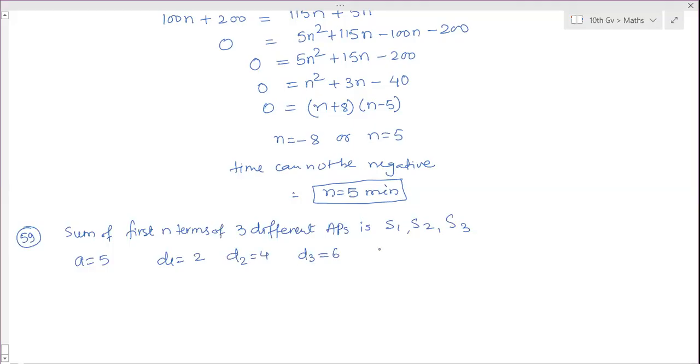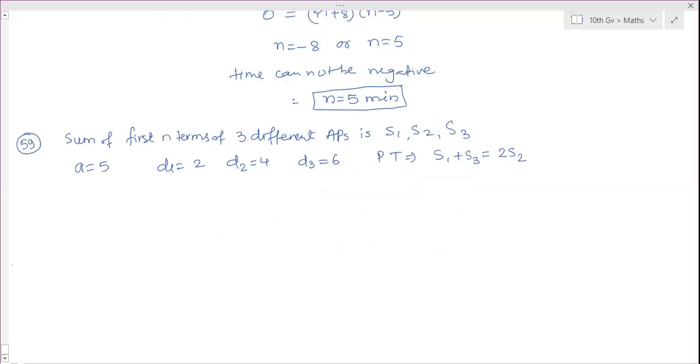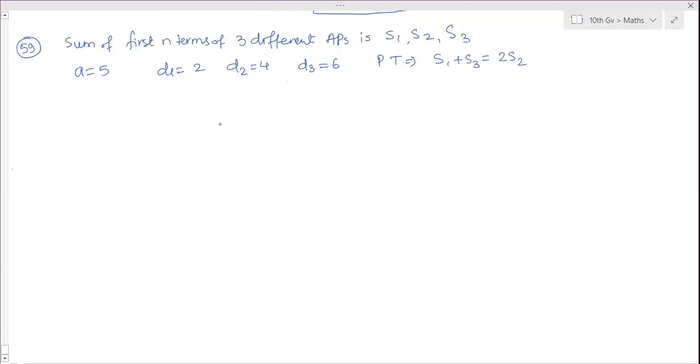Prove that S1 plus S3 is equal to 2S2. There are 3 different APs. S1, S2, S3 are the sums of the 3 different APs.